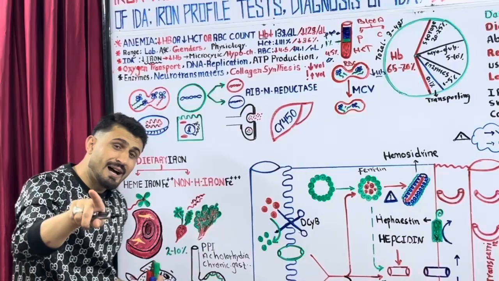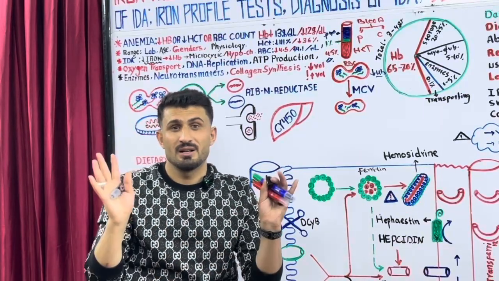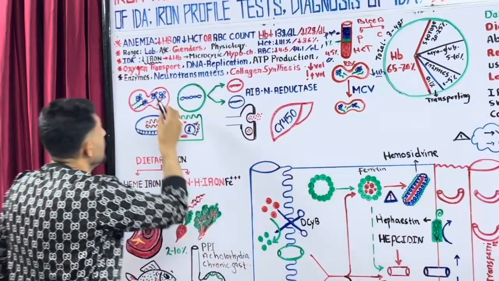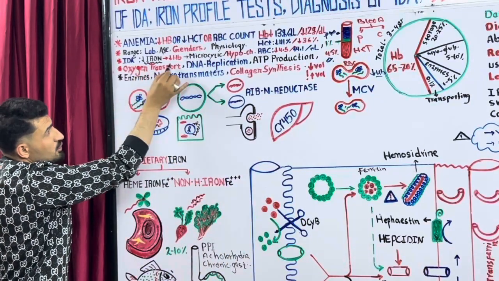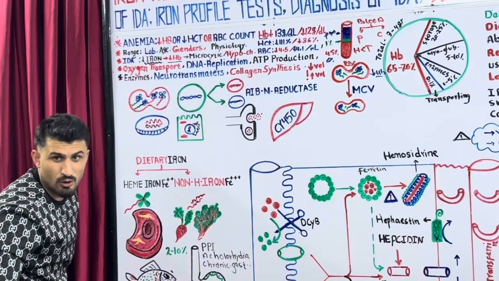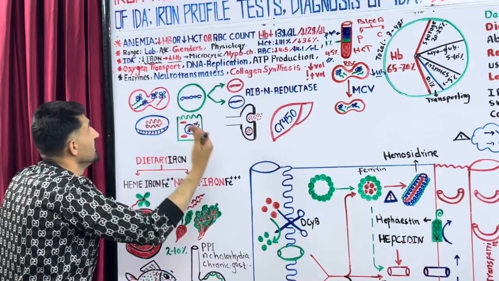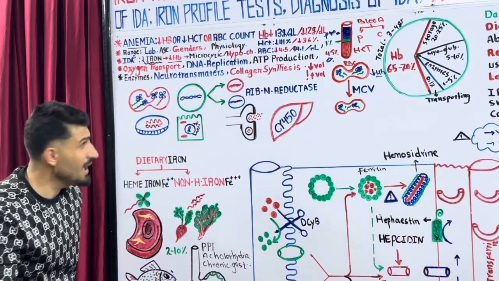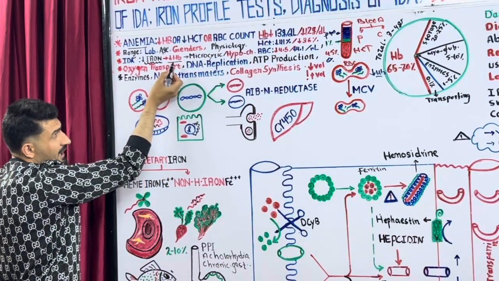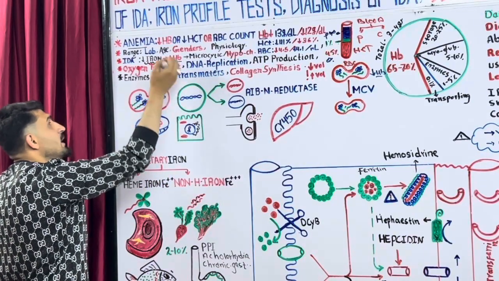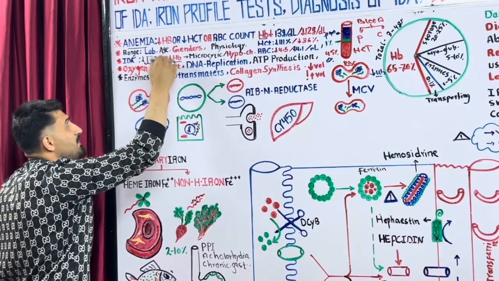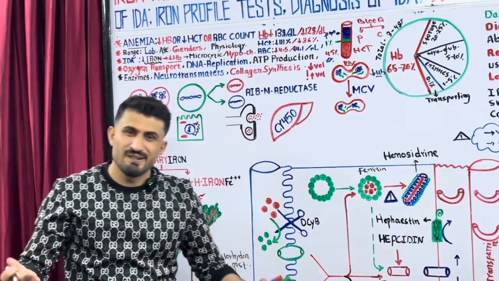So when we don't have iron, we cannot make hemoglobin. When you have less iron, you will have less hemoglobin. When you have less hemoglobin, it means you have anemia.